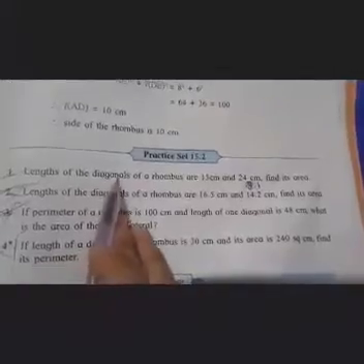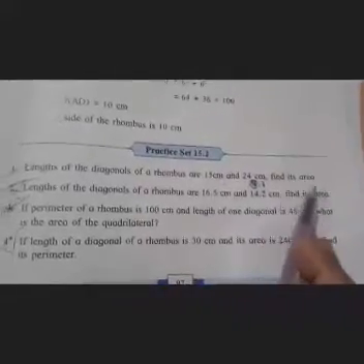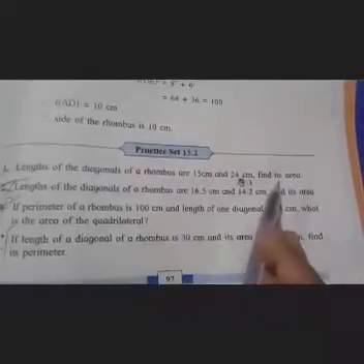What is the first question? The lengths of the diagonals of a rhombus are 15 centimeter and 24 centimeter. Find its area. You all know the formula for area. Now we will write the formula for area.